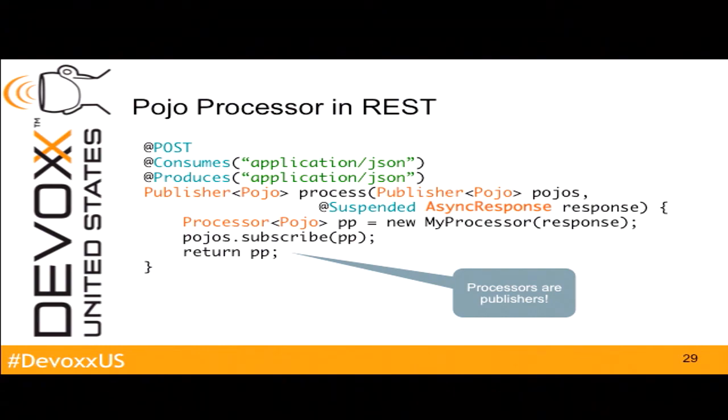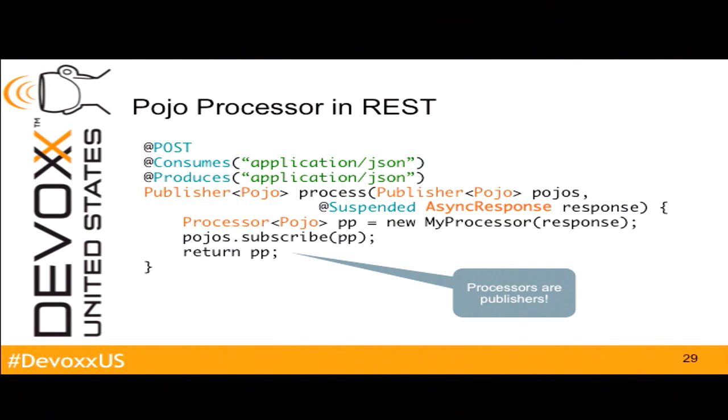So here we have a JAX-RS method that not only takes an entity of type Publisher<POJO>, but also returns one. That may be confusing at first, because what does it mean to return a publisher? Well, in this case, the application is creating its own processor. I'm not going to show you the code of my processor because I don't even know what it does.